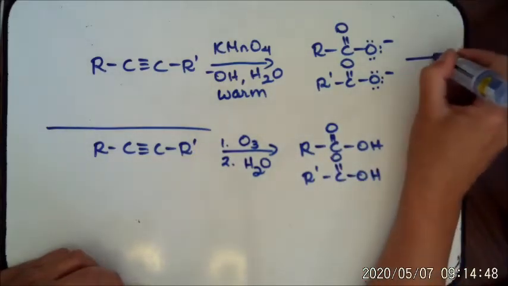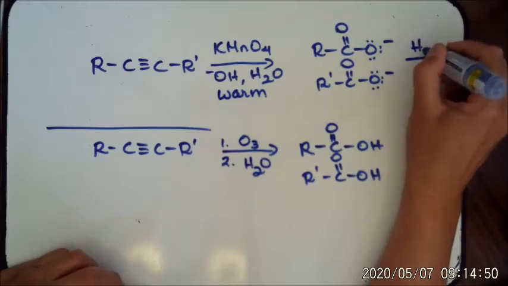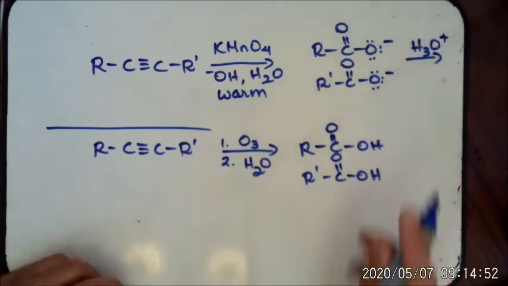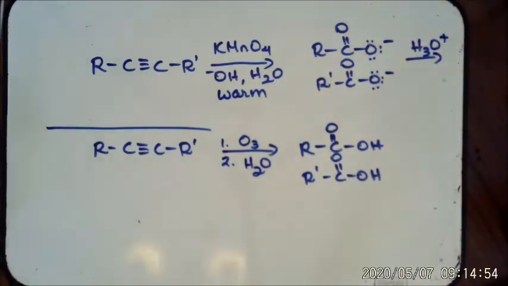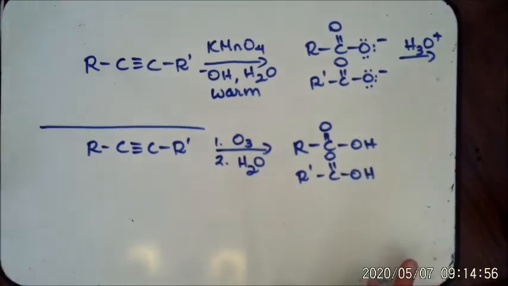Okay? So this one you'll get the same thing once I work it up with some dilute acid. So we have two ways of cleaving our triple bond. One, potassium permanganate. Two, ozonolysis.